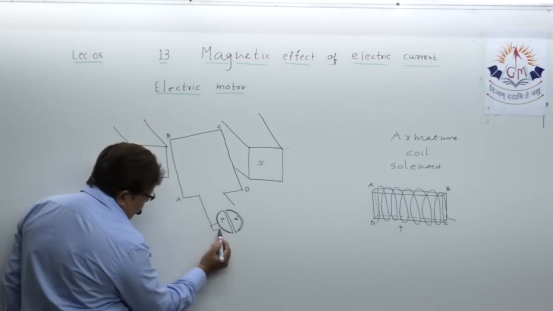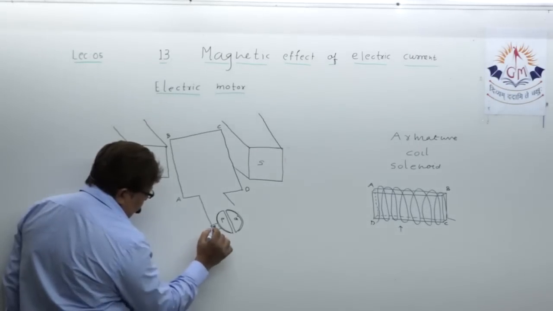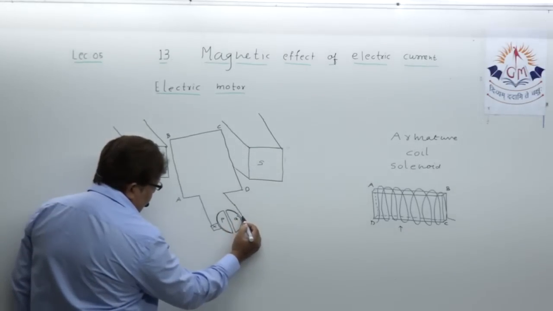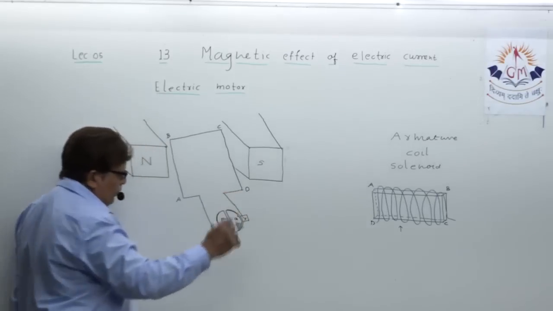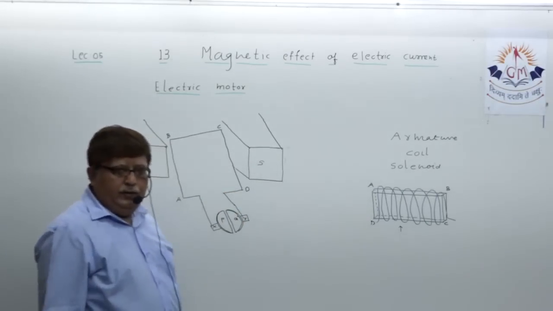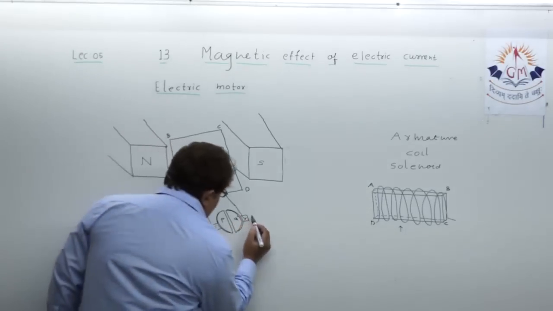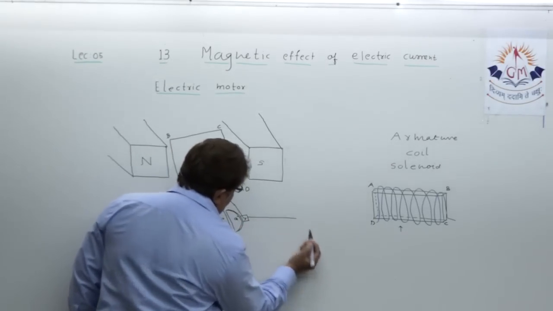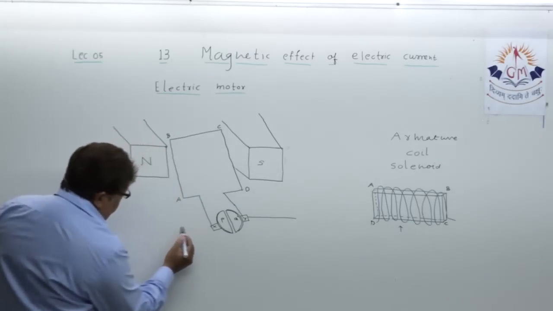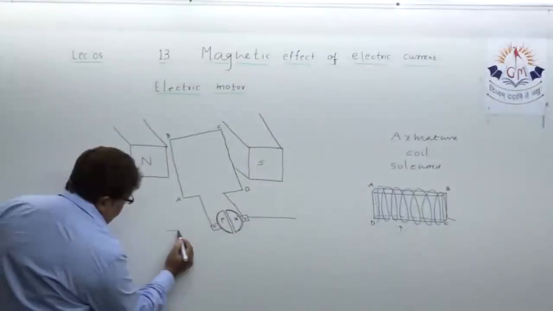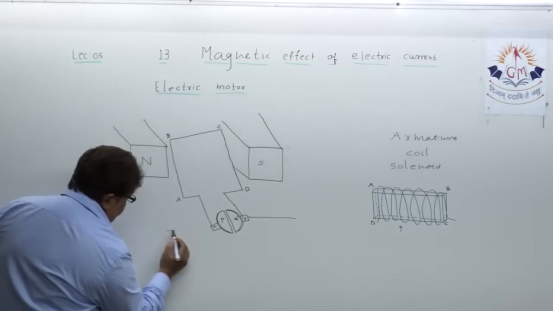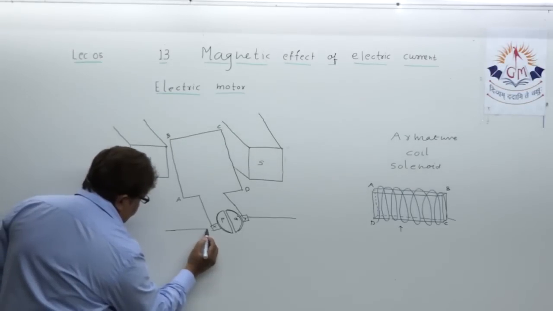I am showing the two carbon brushes here, X, and one carbon brush here, Y. They are connected with the carbon brushes, and these carbon brushes remain in contact with the external electric supply, through which a constant supply of electric current is realized.